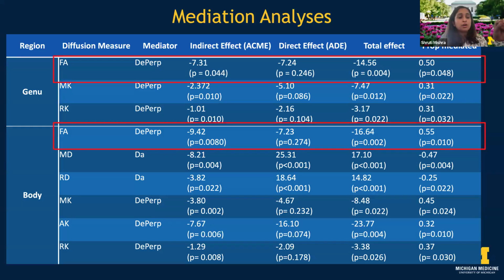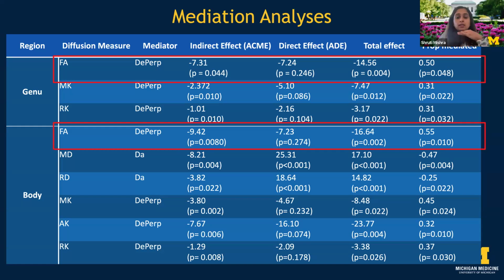Basically, we'll start with fractional anisotropy, where we saw a significant mediation by extraaxonal perpendicular diffusivity. Again, that measure of myelination is a significant mediator of the relationship between fractional anisotropy and white matter lesion volumes.